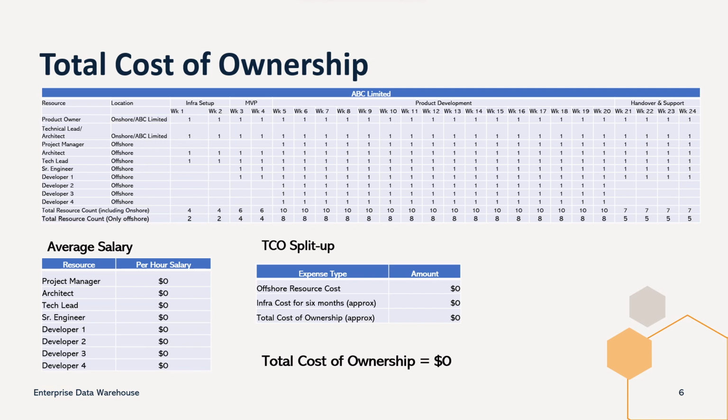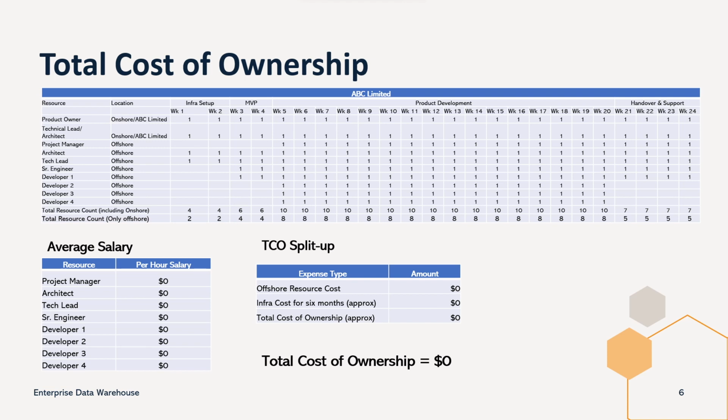To build this new data warehouse in Google Cloud, what is the cost involved in this activity? There are multiple phases in this activity: infra setup, MVP, product development and handover session. In each and every phase, somewhere we are increasing the resources, somewhere we are reducing the resources based on the requirement. For example, in the infra setup, we are deploying only 2 resources from our organization.